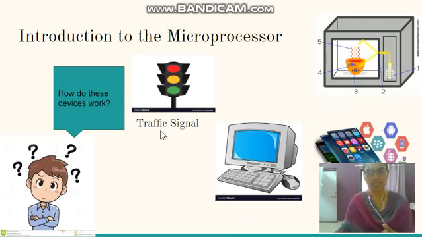If you consider the example of traffic signal, we see that the color of a traffic light changes from red to yellow after a specific interval of time. Then again, it changes from yellow to green and so on.